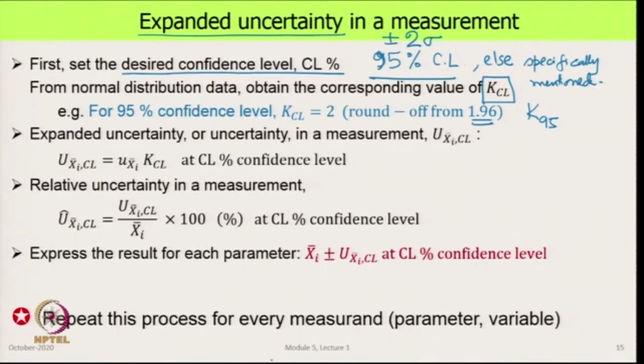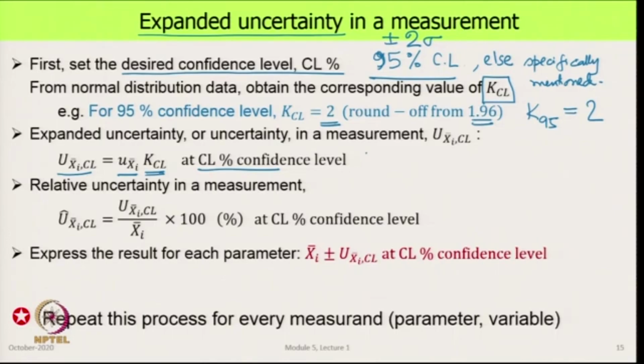In uncertainty analysis, everywhere we round it off and take it as 2. So, k 95 is 2. And then we take the standard uncertainty in the measurement, multiply it by this factor, and report the expanded uncertainty in the measurement at a particular confidence level.